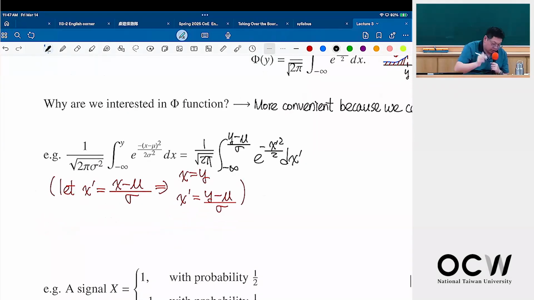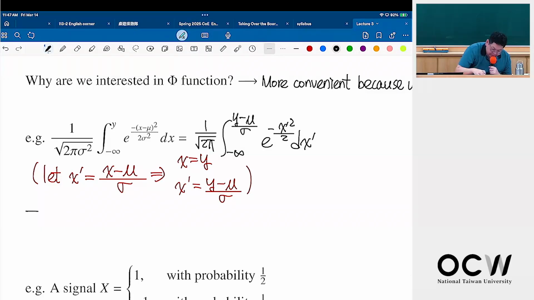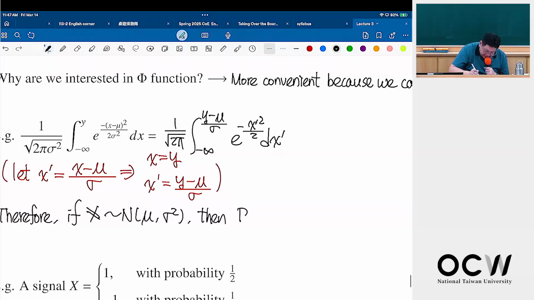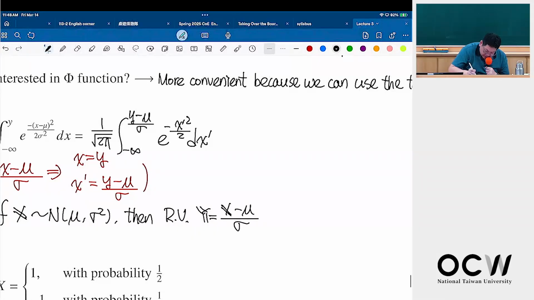Then you can see, if x is normal distribution with mean mu and variance sigma squared, then the random variable y equals x minus mu over sigma will be the standard normal.